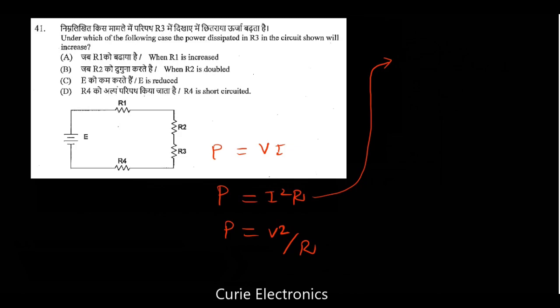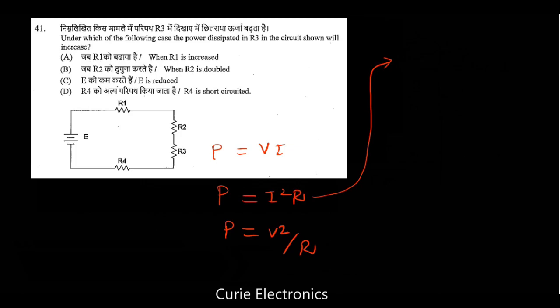Now the R3 resistance value is not going to change, right? But the current flow we can increase. How we can increase? If you remove any of the other series resistors, how you remove that? We can replace with a short circuit across short.